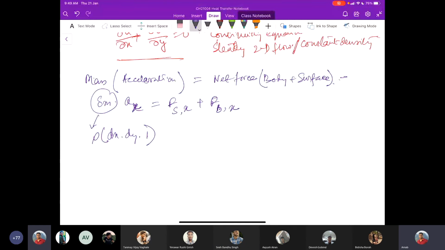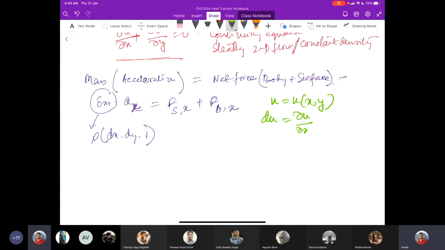Now, the flow is steady, two-dimensional, which means u is a function of only x and y. So the total derivative is du equals del u by del x multiplied by dx plus del u by del y multiplied by dy.